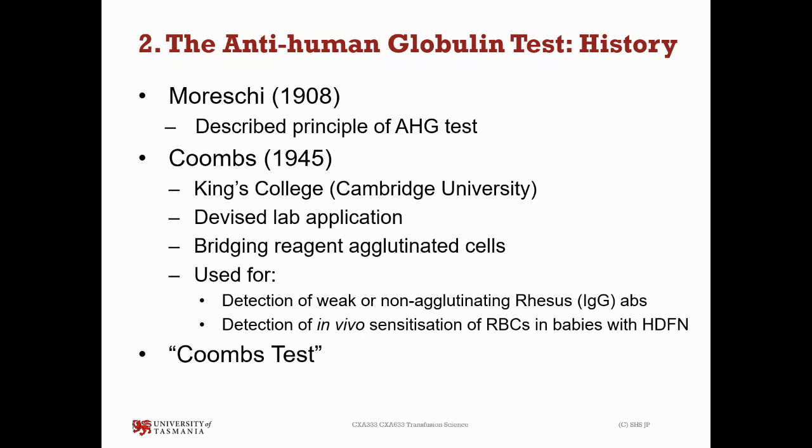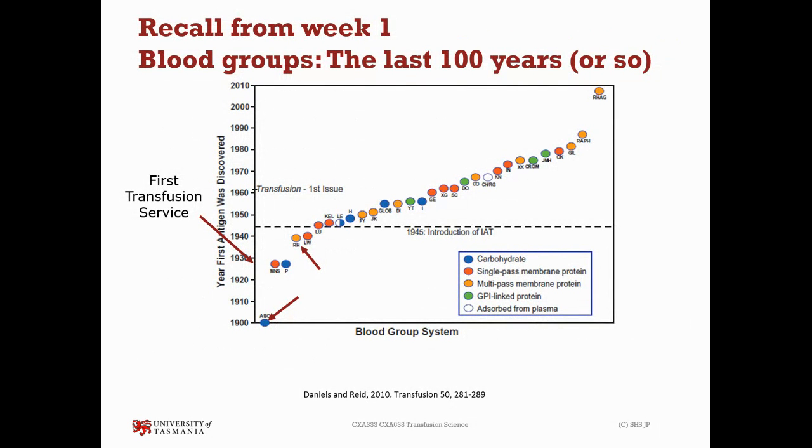And so when we have a look at this image again from week 1, you can see before 1945, we had discovered 1, 2, 3, 4, 5 clinically significant blood groups.